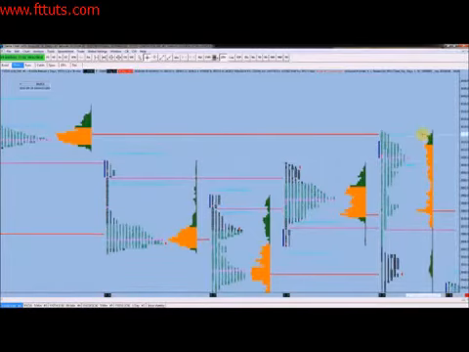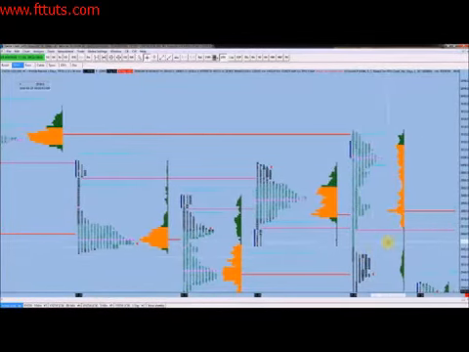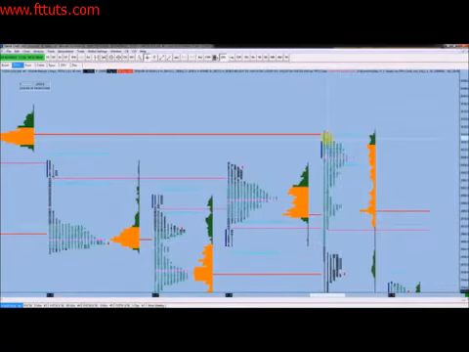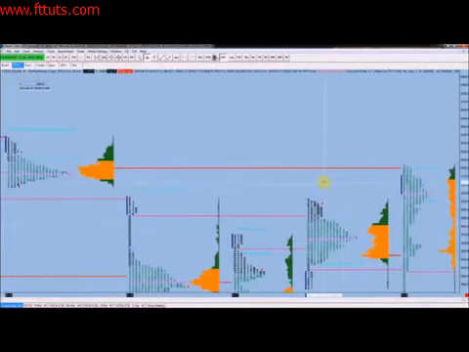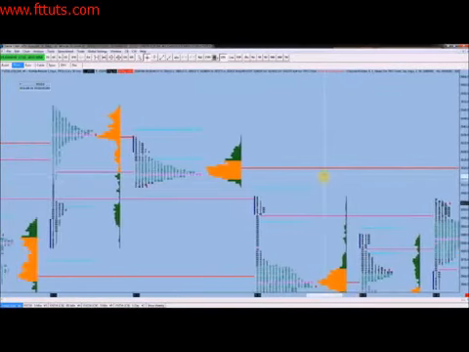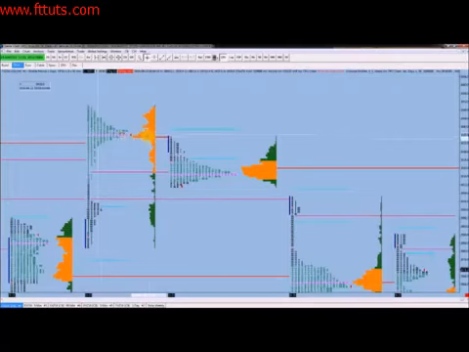This time it went through it, only by a couple of ticks, but it acted as significant enough resistance, and the market then backed away very, very significantly. That was actually yesterday that the market did that, came up, tagged that naked VPOC, and then ran lower. Of course, here on a day like this, it acted as resistance straight away. The market just opened at its VPOC and just drove lower.